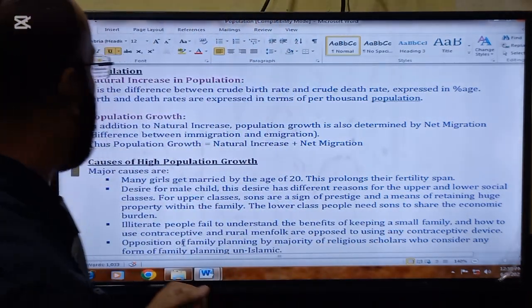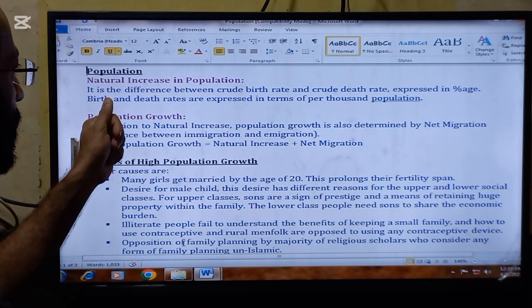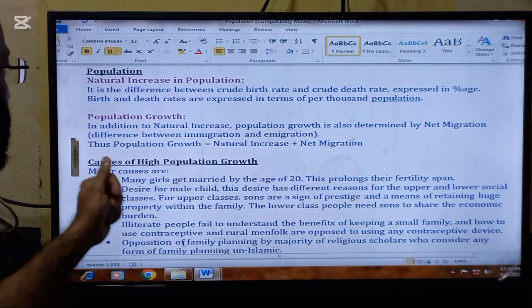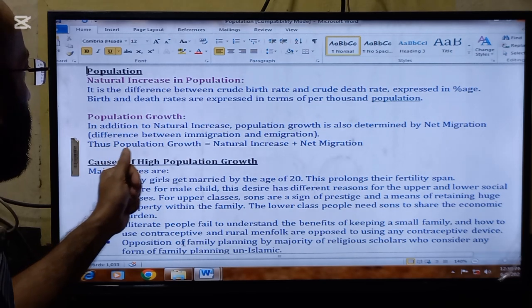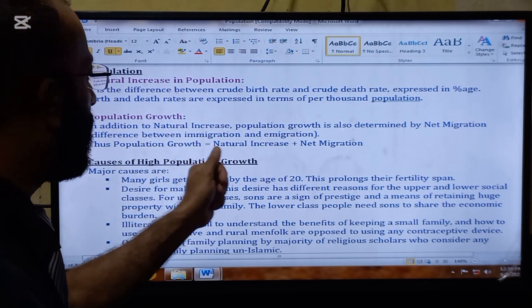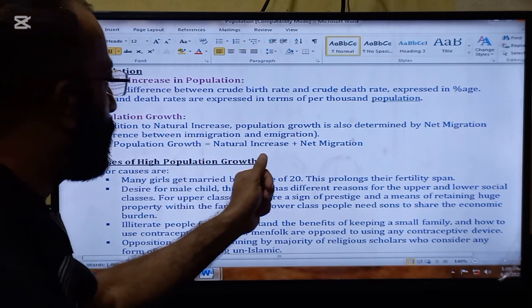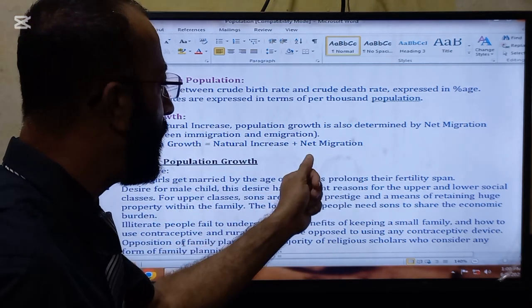So there are two things: the natural growth and the net migration, that is the difference between immigration and emigration.